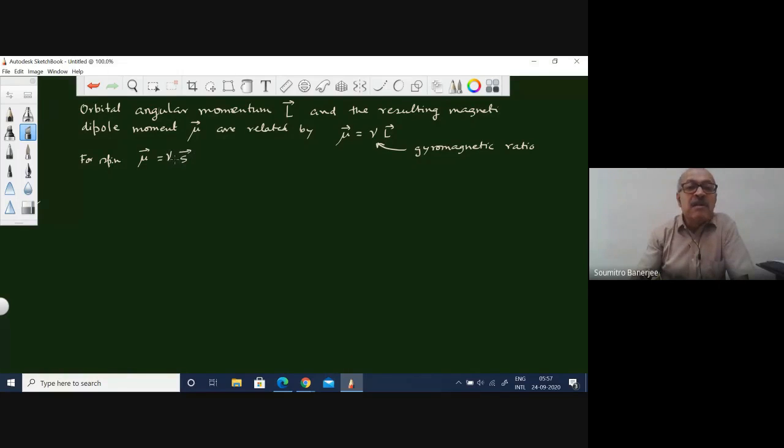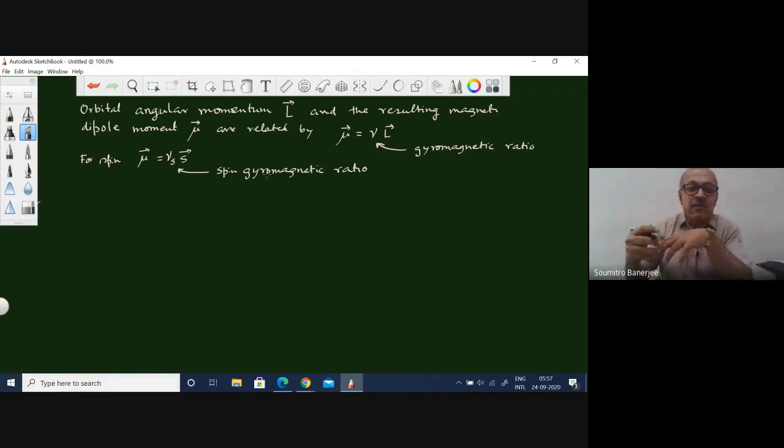Let's call it the spin gyromagnetic ratio. So this is how the dipole moment created by spin would be related. That's simple.